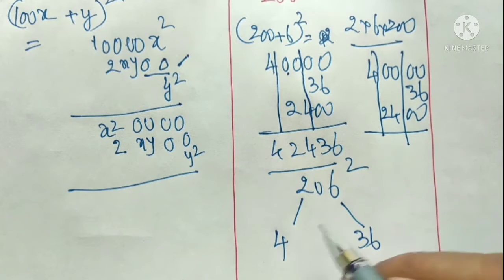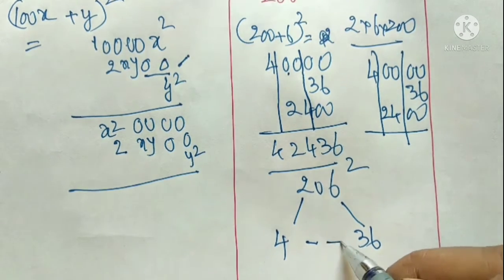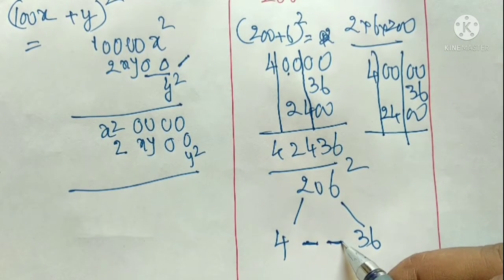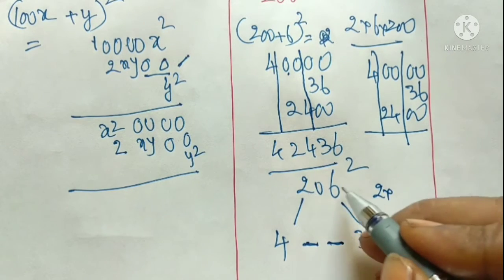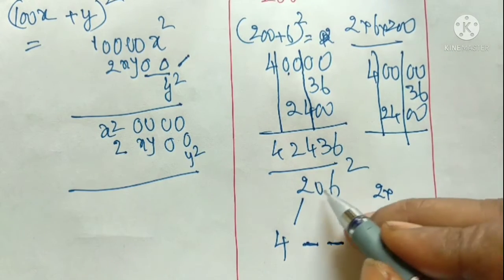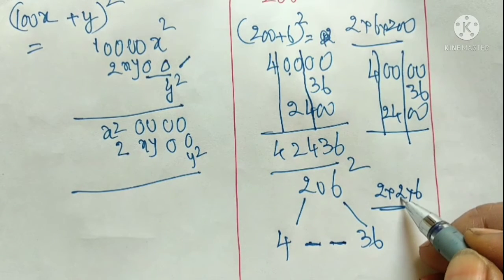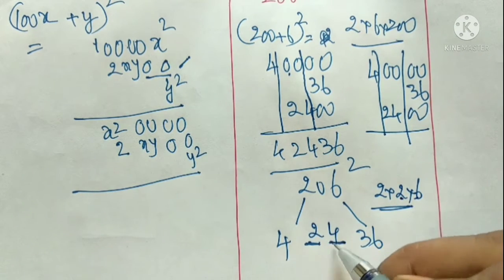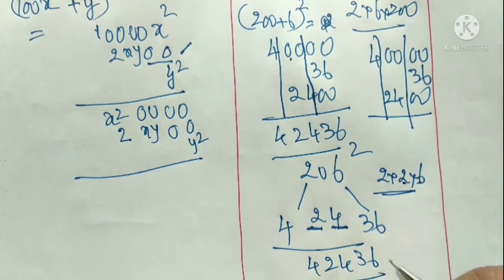Then in between we should have 2 digits. So 2ab, 2 into 2 into 6. 2 2s are 4, 4 6s are 24. So the answer is 42436.